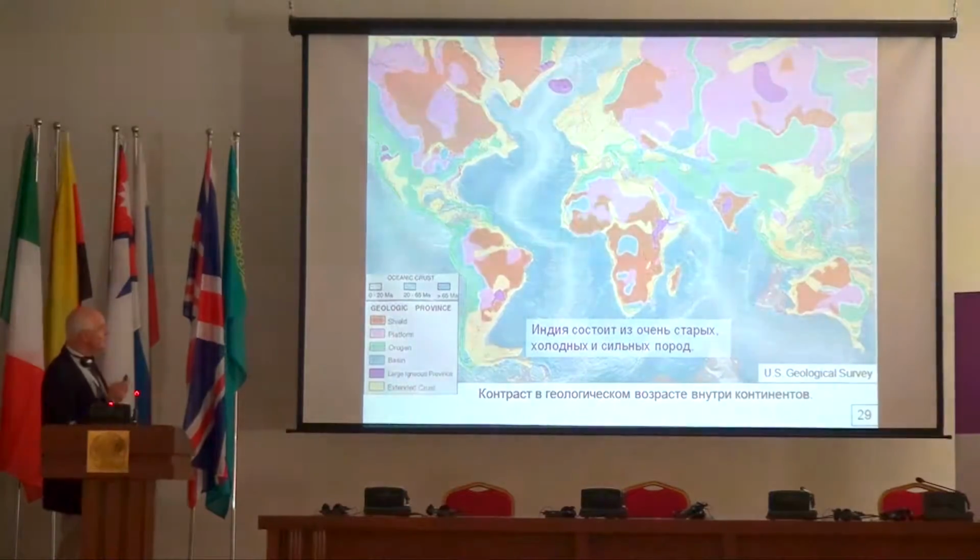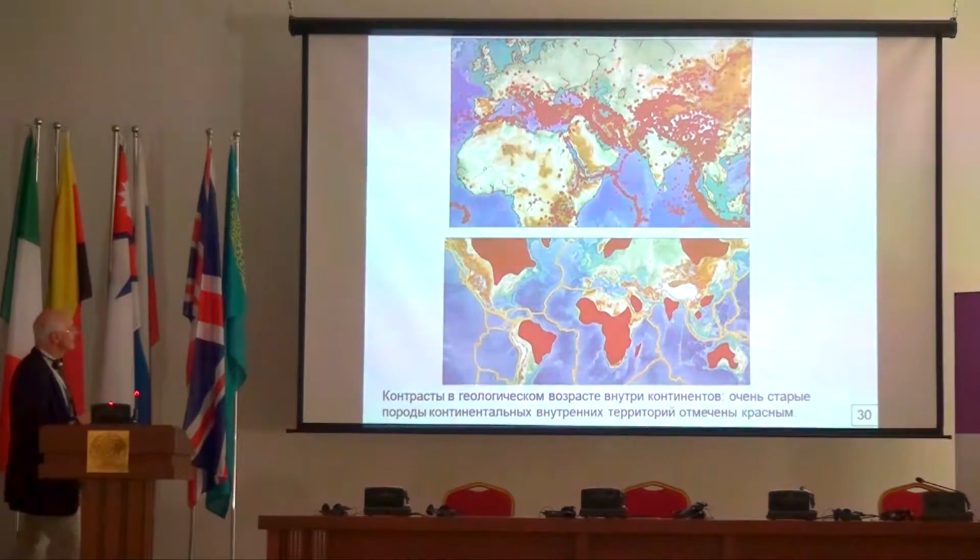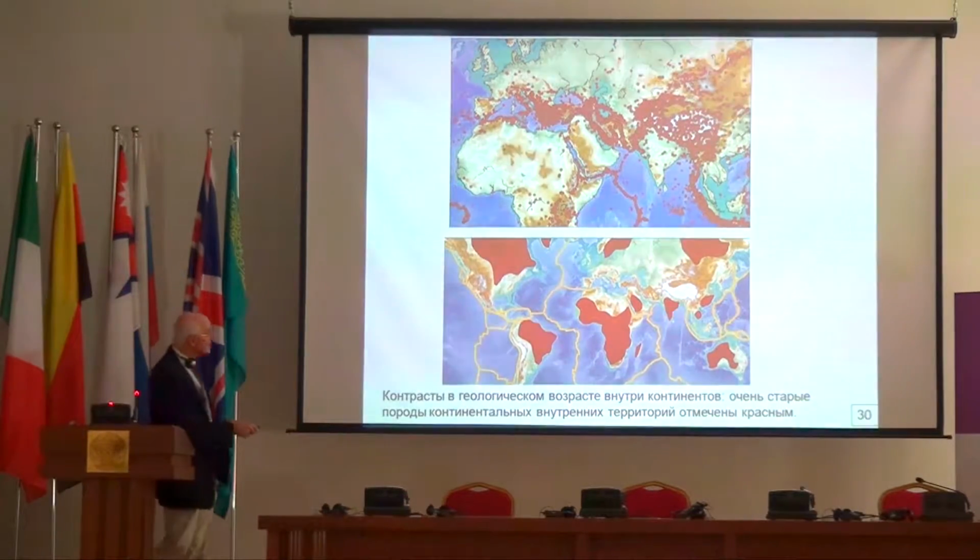So when India has collided with Asia, it is less damaged than Asia because it is stronger and colder. Now this is important. Let's look at this a bit more closely. So here in red are the very old rocks of the world, and you can see like Arabia, India, Africa, Siberia. These are the places where there are few earthquakes because the rocks are very old and cold.